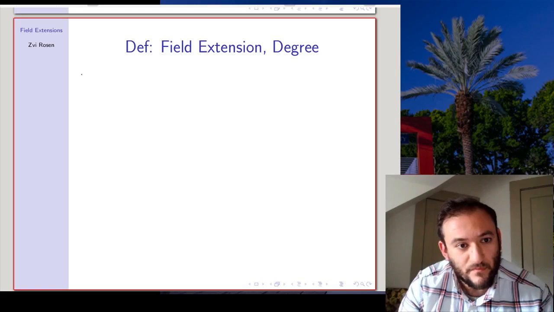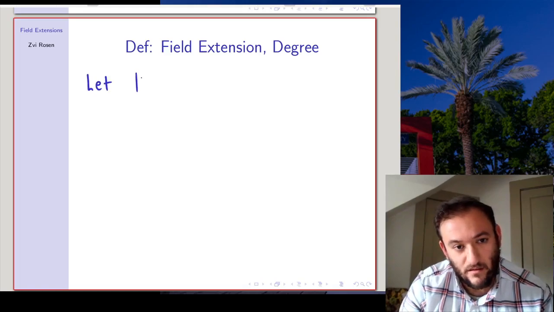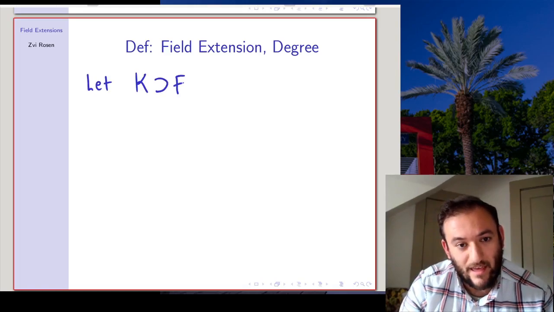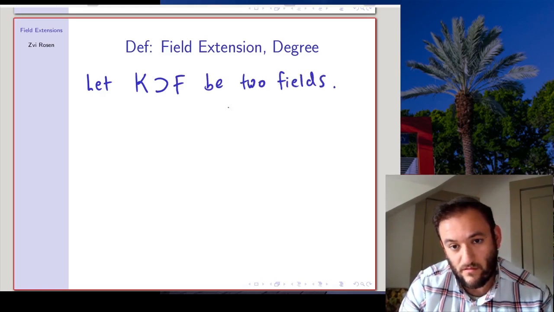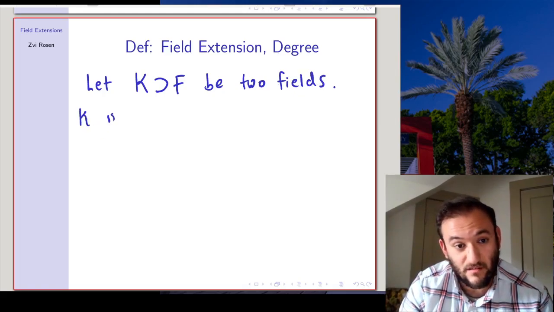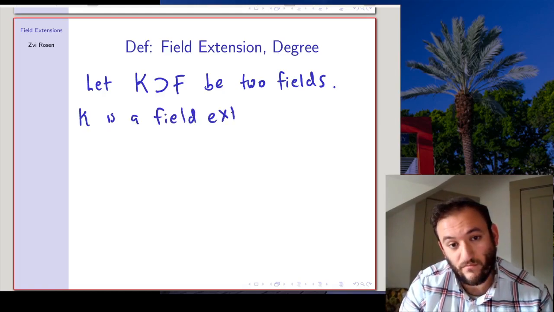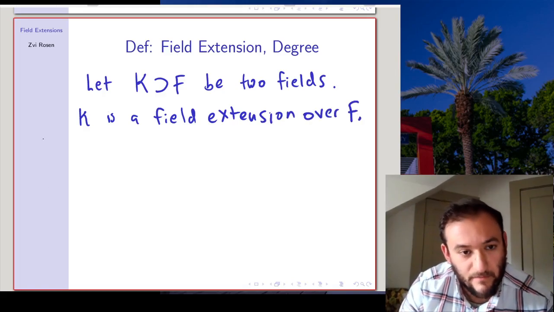So, a field extension: if we say let K containing F be two fields, then K is said to be a field extension over F. Pretty straightforward idea.